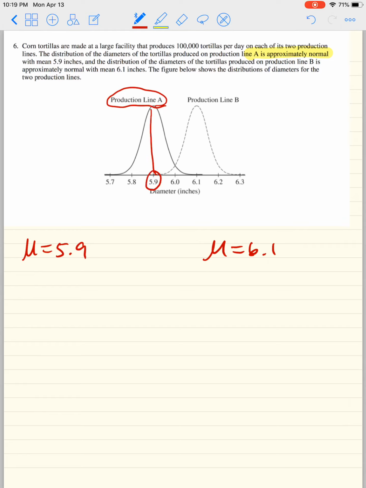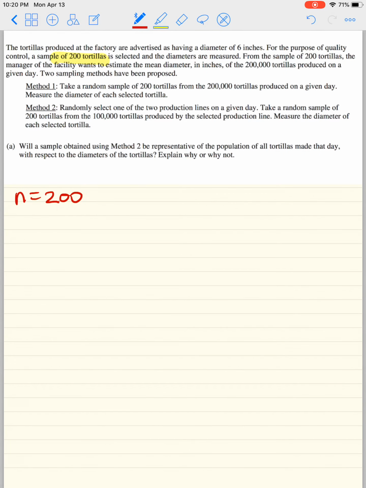And if you choose production line B, then the average would be 6.1. So with method 2, if you only choose one of these, remember, the higher the n is, by the law of large numbers, you're going to get closer and closer to the true mean. So it says, will a sample obtained using method 2 be representative of the population of all tortillas made that day with respect to the diameter?